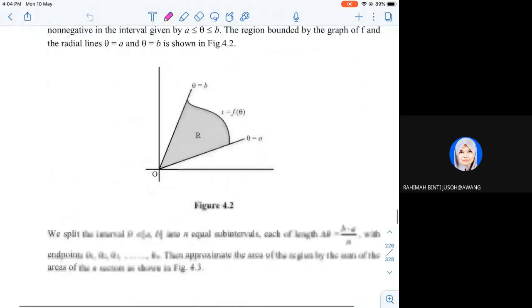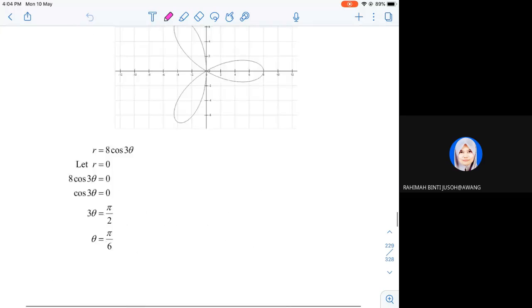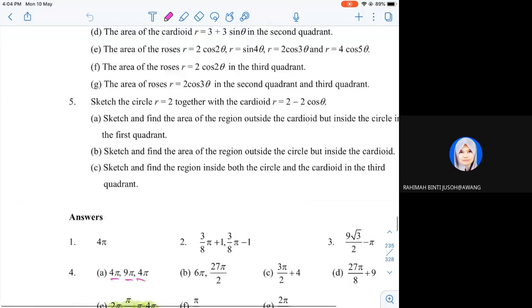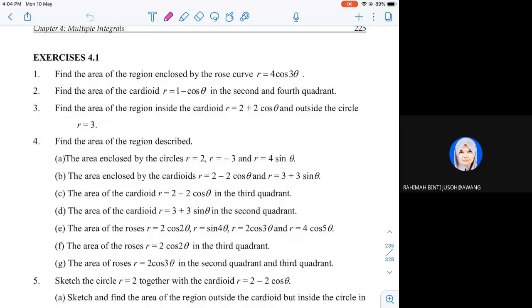Okay, exercise 4.1, we have a rose curve. So guys, this is quite similar to the example in the video that I've shown you earlier in the group WhatsApp. So I think I'm going to change this question.